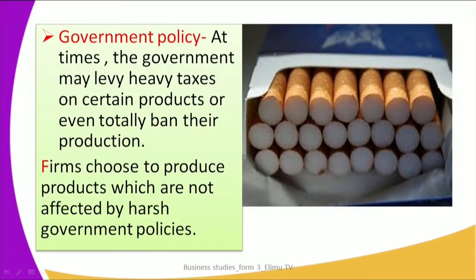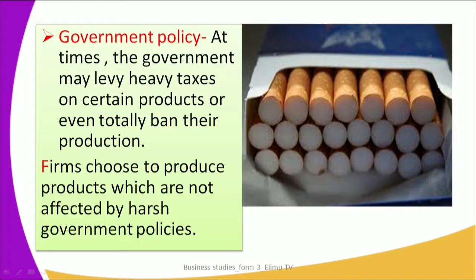So if a farm is coming in to produce beauty products, they should produce more herbal products. The other factor to consider is the government policy. The government is involved with things like taxation, so if a farm is venturing into producing goods, it's good to keep away from products that are heavily taxed, because the government may levy heavy taxes on certain products or even totally ban their production.